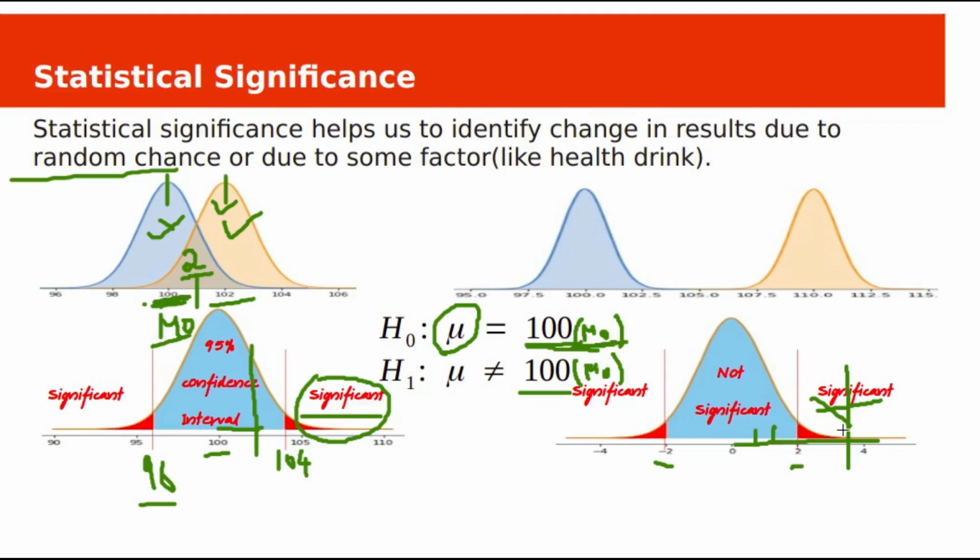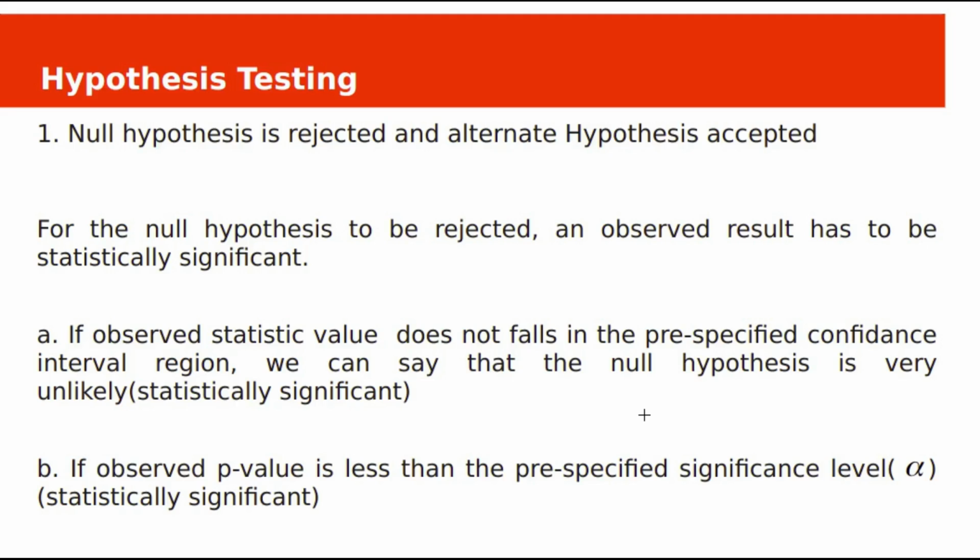If the observed value falls within these two regions, then we will say these values are very unlikely for the null hypothesis. So results are statistically significant in support of the alternate hypothesis. And the second way is based on p-values. If the observed p-value is less than the pre-specified significance level alpha, results are statistically significant.